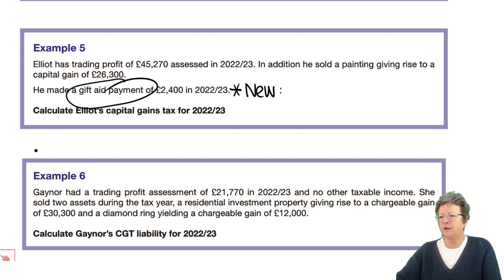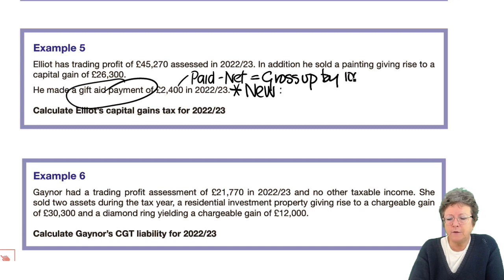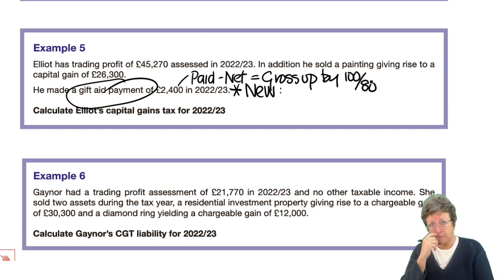I'll give you a hint with the gift aid payment. That's what was paid, therefore it is the net figure. You'll need to gross it up by 100 over 80. So can you pause your recording now and have a go at that?